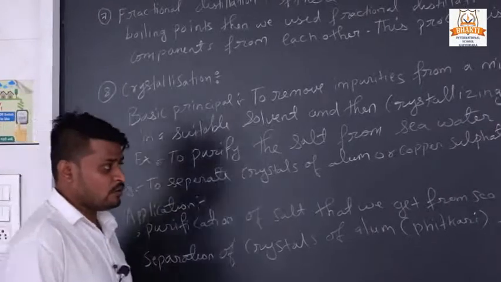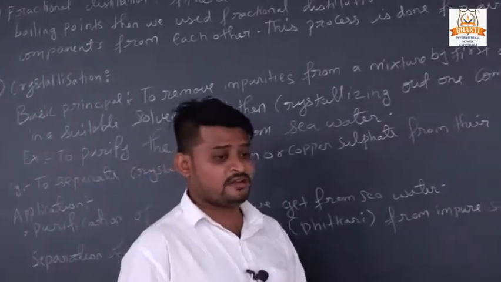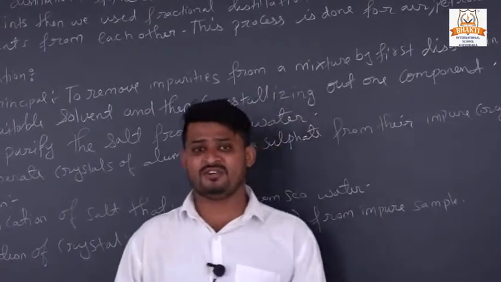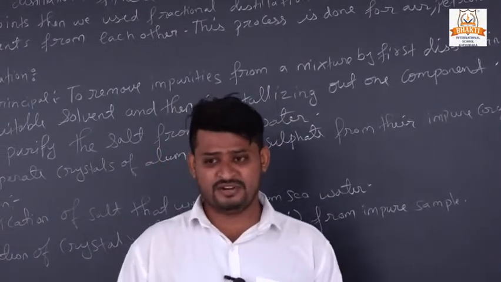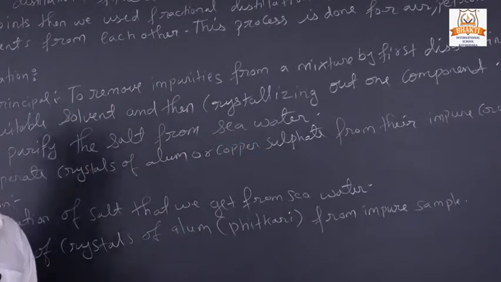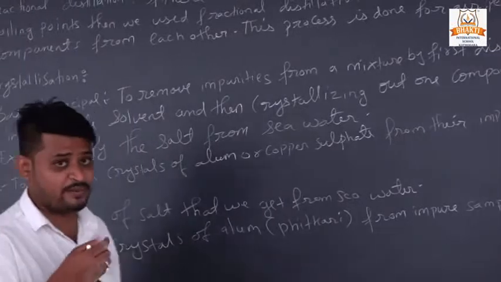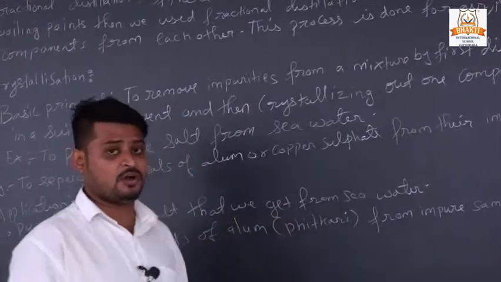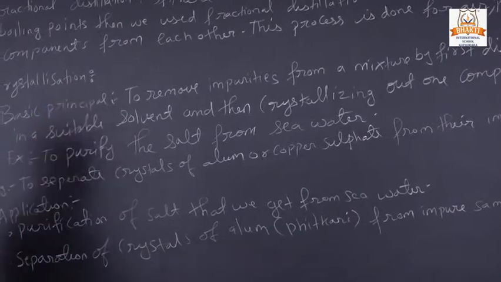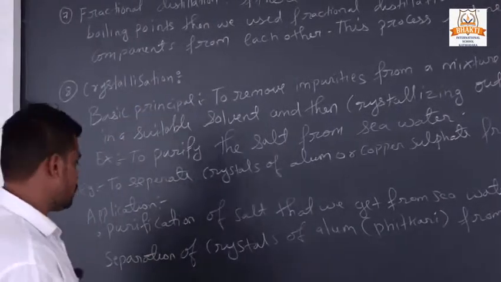We all know we get salt from seawater, and seawater is full of impurities. So we first have to separate the impurities from the salt, and by crystallization we separate the impurities from the salt.